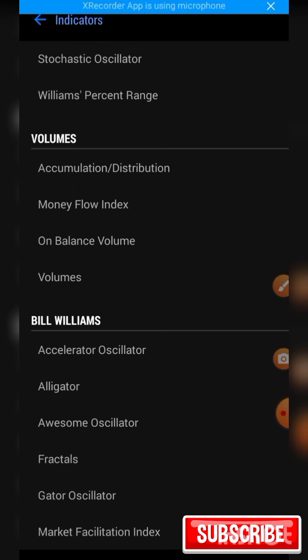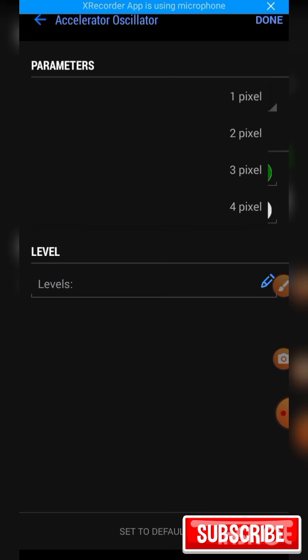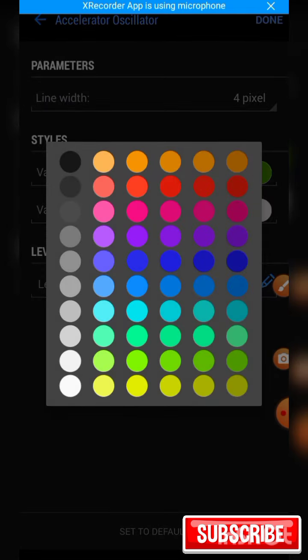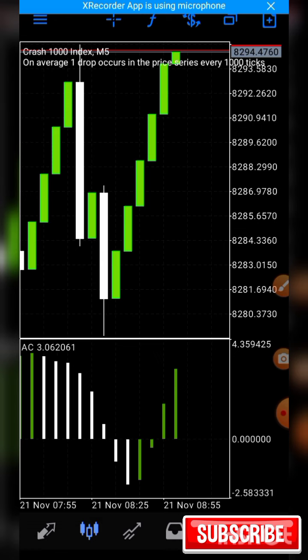That's the first indicator you will put. Just click it. Now when you click it, set the pixel to 4, the color to green, and value down color to white. I don't know the colors you want to use, but these are the colors I use. Value up green, value down is white. Then you say done. Now it has been added.